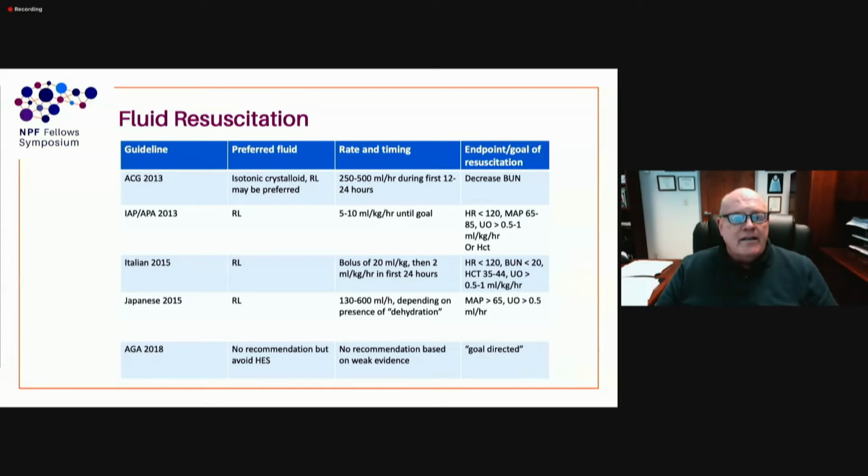These guidelines are the best we can come up with in terms of expert opinion, but they're not based on solid, high-level evidence. I think that's one of the challenges in managing pancreatitis: we don't have enough data upon which to craft data-driven decisions and guidelines. Next slide.